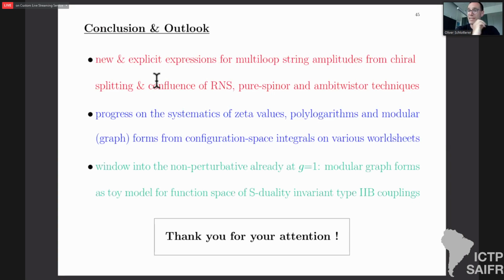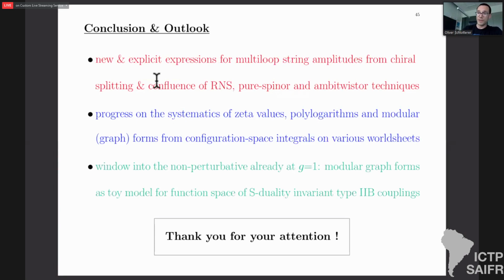And I believe that a good toy model for this function space of the non-perturbative completions in type IIB are the modular graph forms, which are, if you wish, the non-holomorphic Eisenstein series at the integer arguments. So what we have to learn is how to take the most general modular graph form and go into the half-odd integer world.